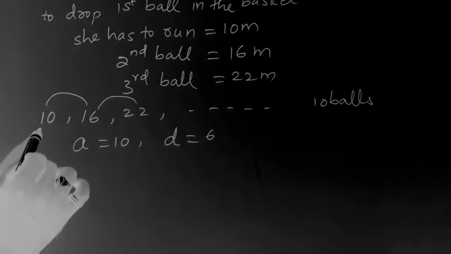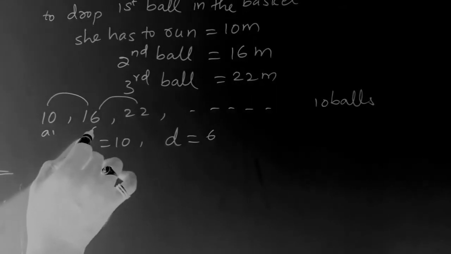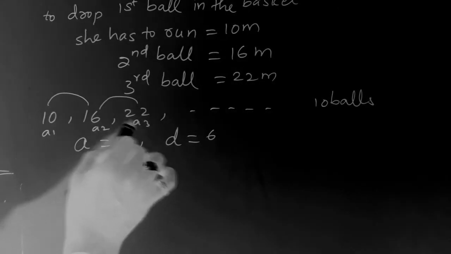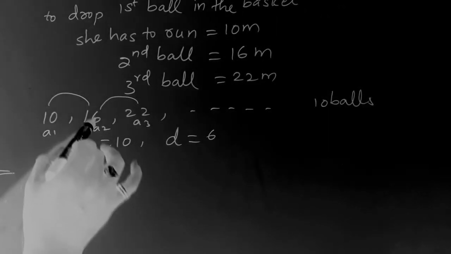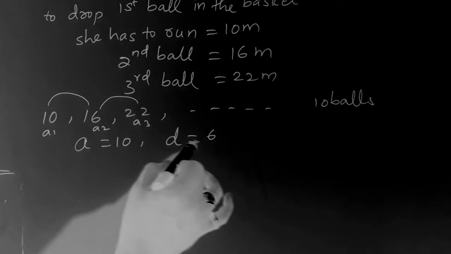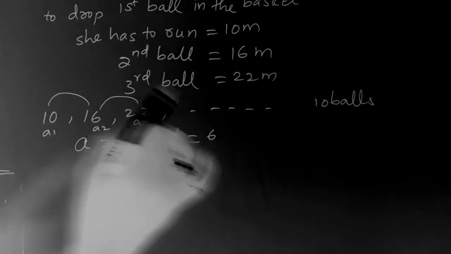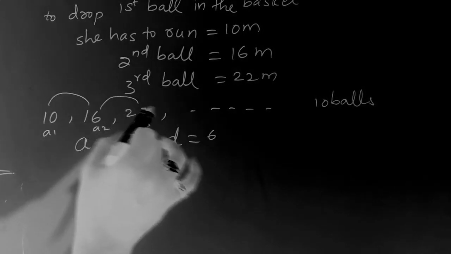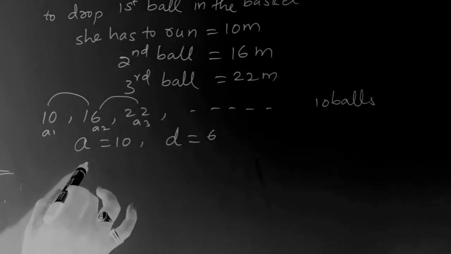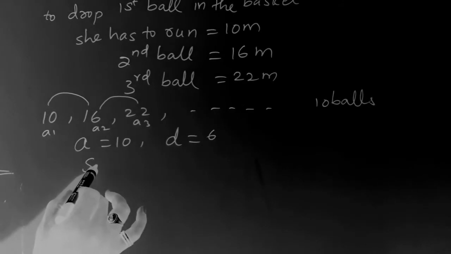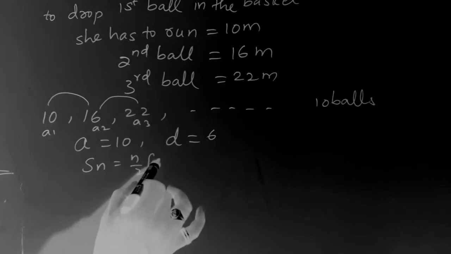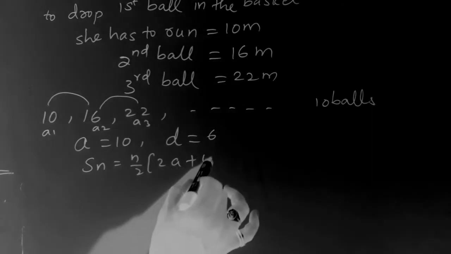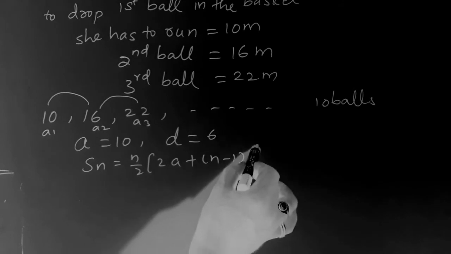Okay. So this is A1, A2, A3, A4 and so on. So first term is 10. Here the common difference is nothing but 6. 16 minus 10 is nothing but 6. 22 minus 16 is nothing but 6. So we have to find Sn, n by 2, 2a plus n minus 1 into d.